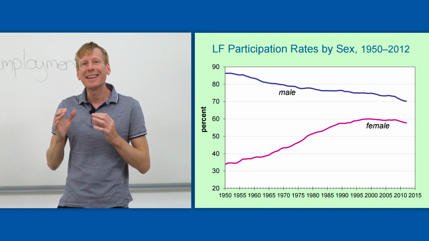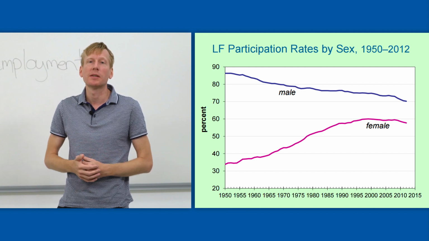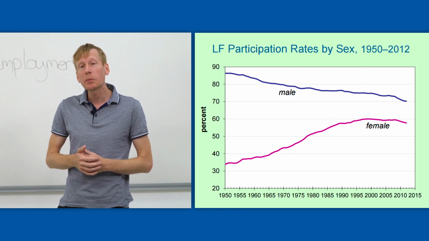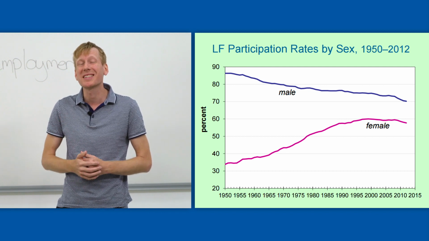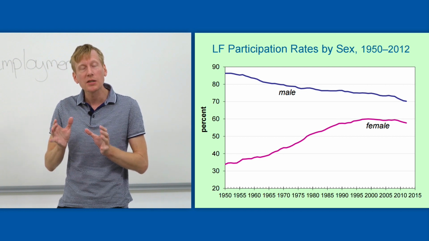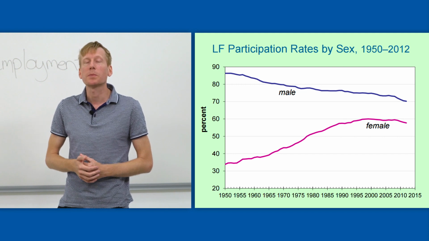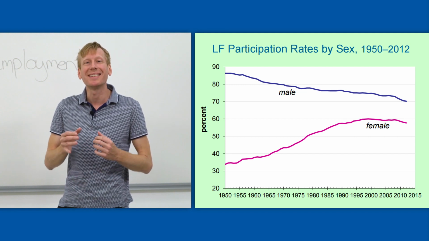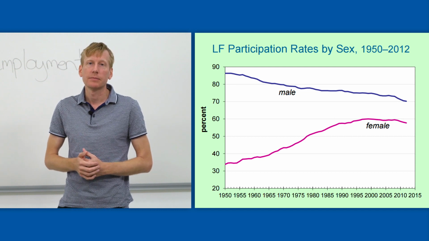What you can see is that in 1950 there's a very large gap between labor force participation rates for men and labor force participation rates for women. Labor force participation rate for men was around 85% in the United States as of 1950. Remember, this is for the adult population specifically. Labor force participation rate for women in 1950 was only around 35%.